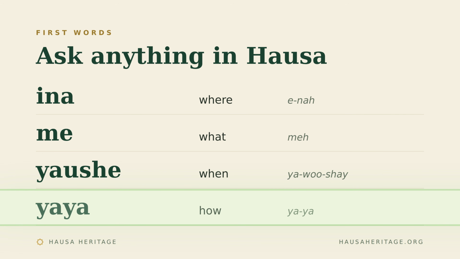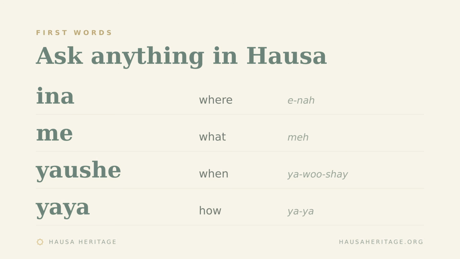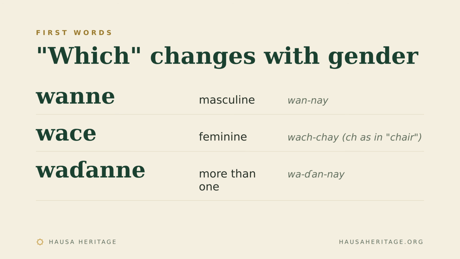Good. Next, yaya. Yaya means how. Say it with me. Yaya. Good. Now we have the word which. In Hausa, the word for which changes depending on gender and number. Wane. Wane is which for a masculine word.